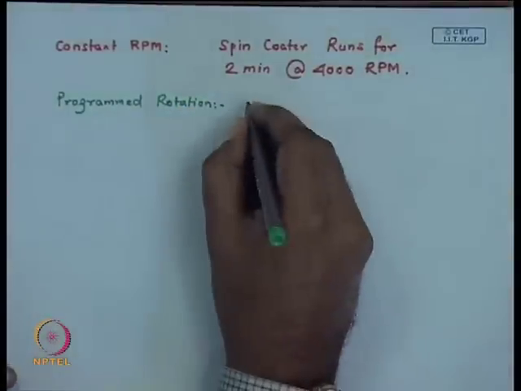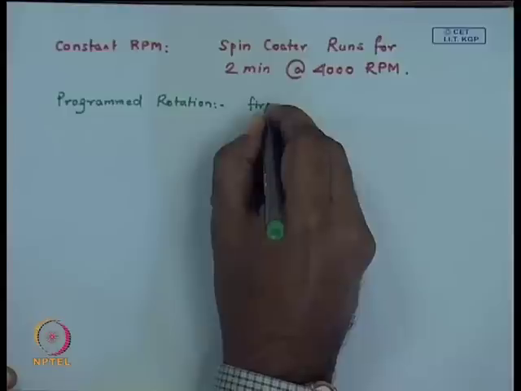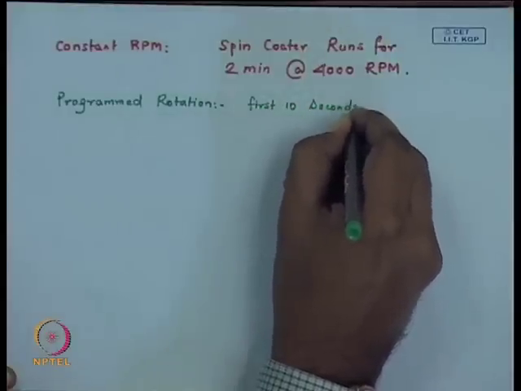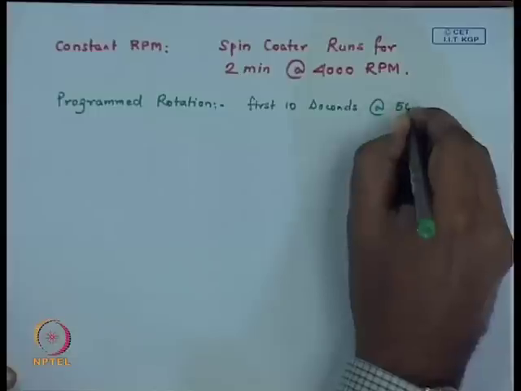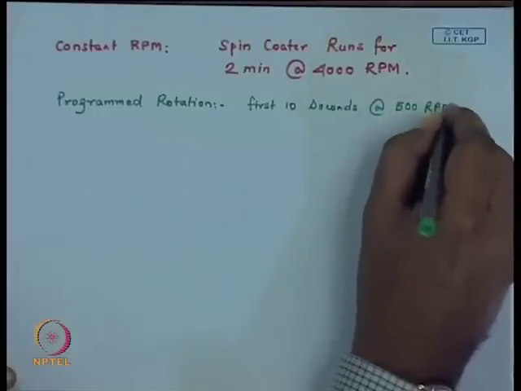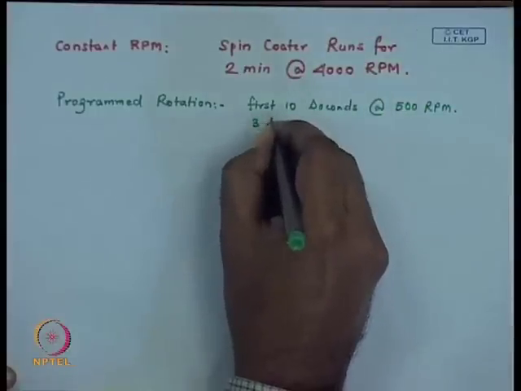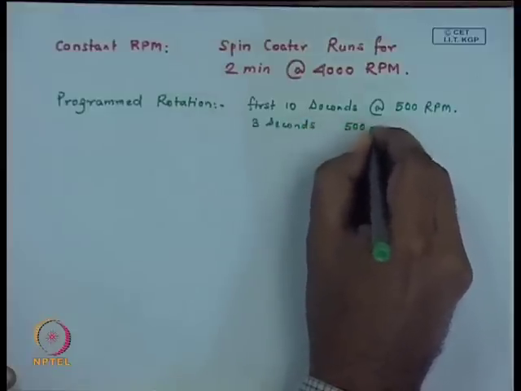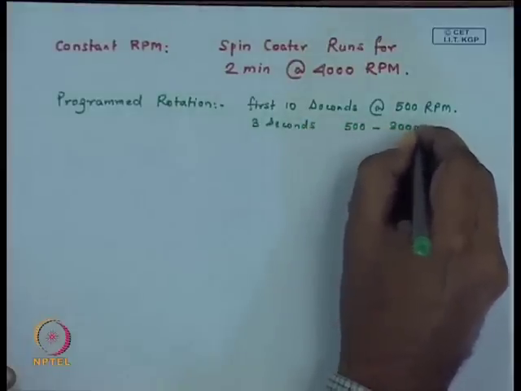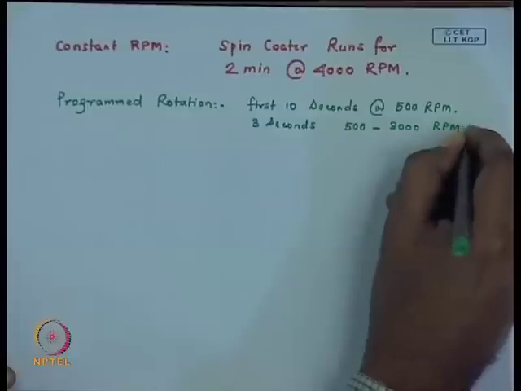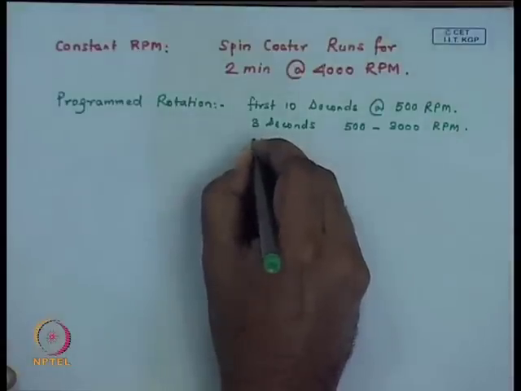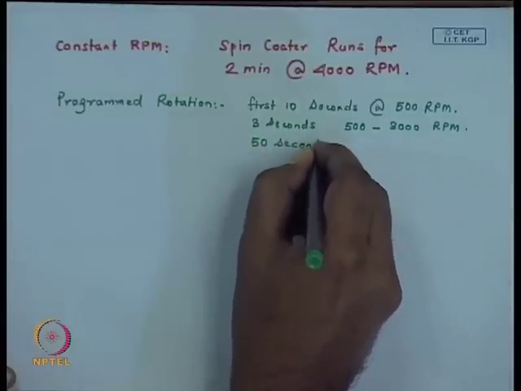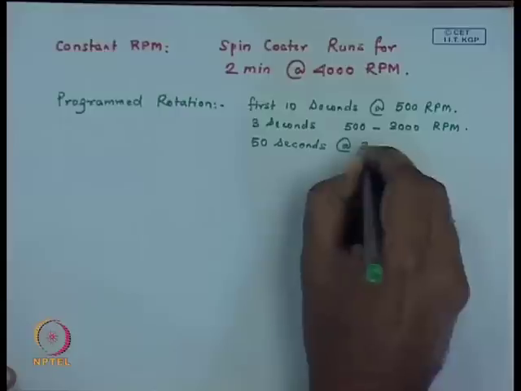So, you may program it such that for the first 10 seconds it will run at say 500 RPM, then in the next 3 seconds it accelerates from 500 to let us say 3000 RPM. Then you want to spin for 50 seconds at 3000 RPM.